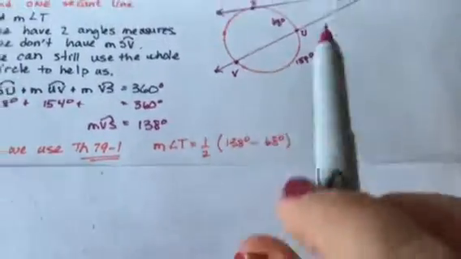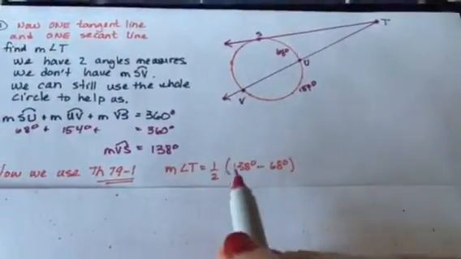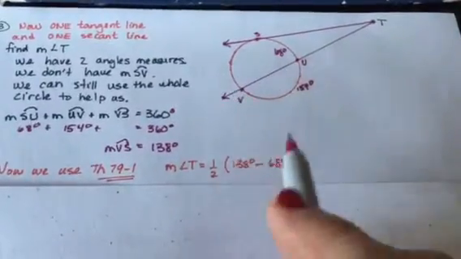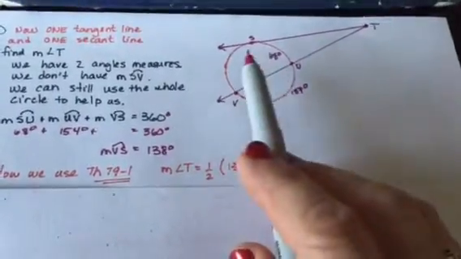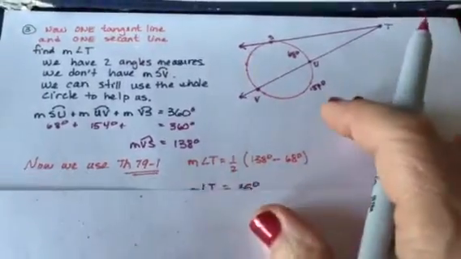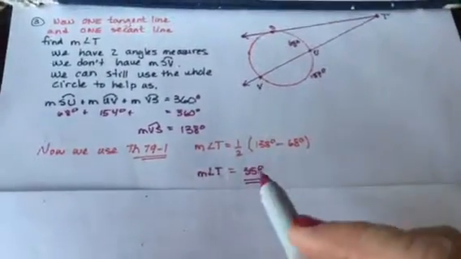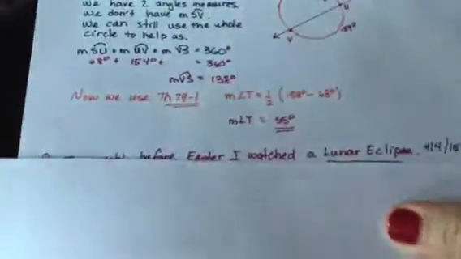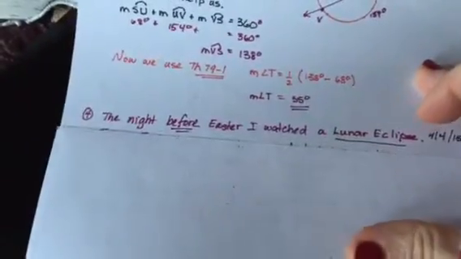The measure of angle T equals 1/2 the measure of arc SV minus the measure of arc SU, and that gives us a measure of angle T equal to 35 degrees. This is great. You can see that we're just using knowledge that we already have of a circle, 360 degrees.